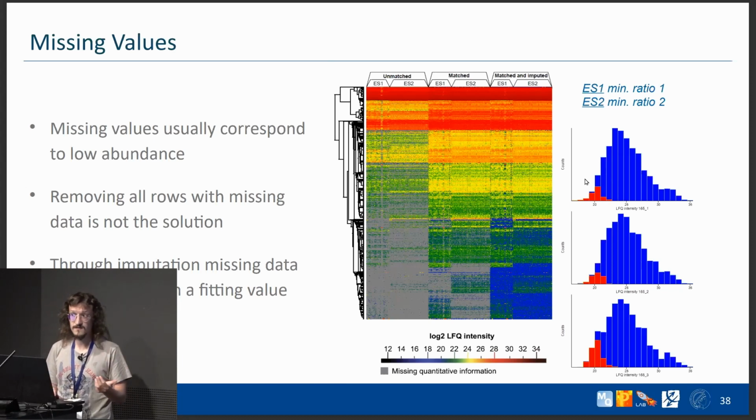But since they have not been found, it was probably because they had a very low concentration. So you impute data only from this part of the curve. As you can see here, then all these gray dots disappeared with imputation, and they're all dots with the low quantity.